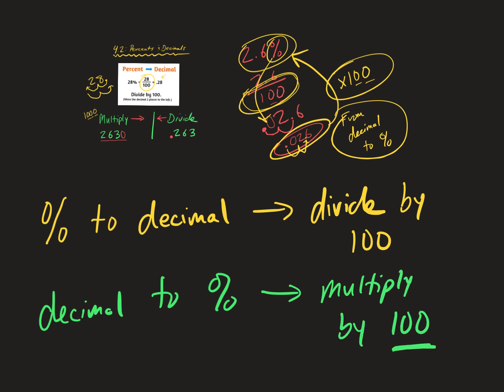So 100 is key there because in percentages we're working with the number 100. We're always going to be going back and forth between dividing and multiplying the number 100. And that's basically 4.2, percents and decimals.